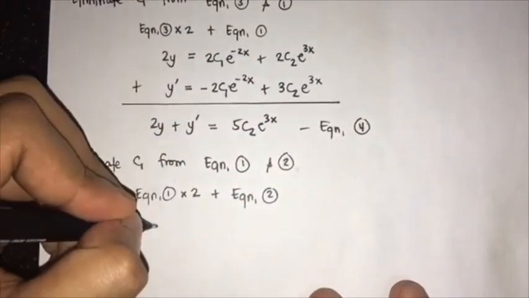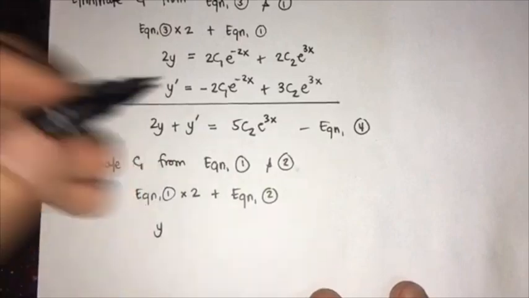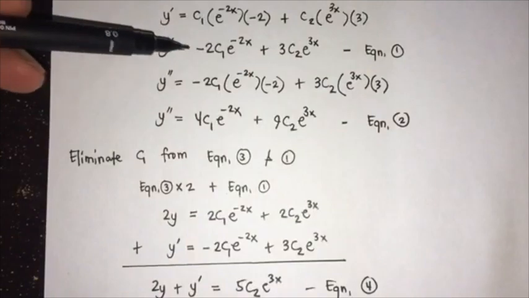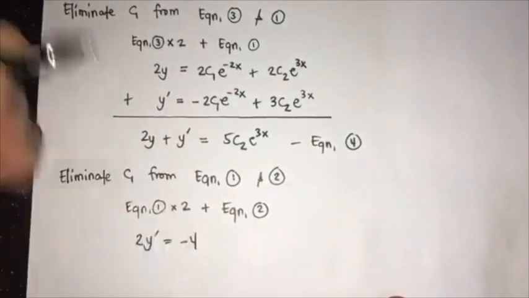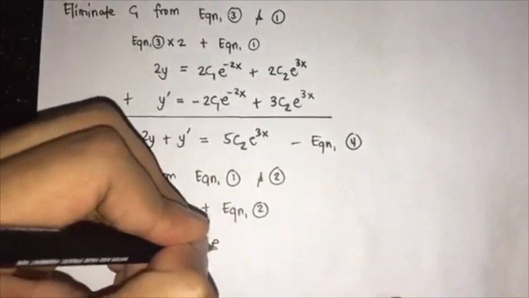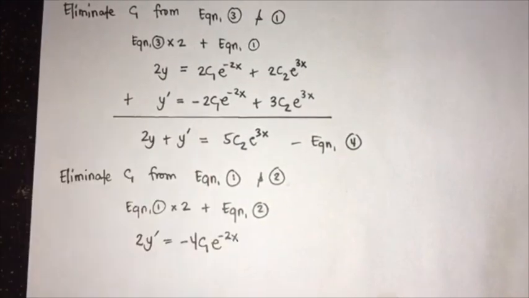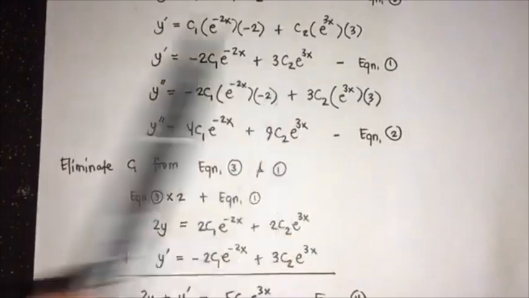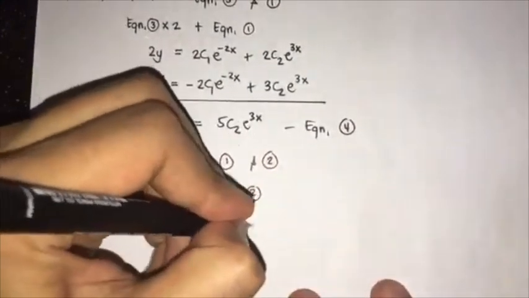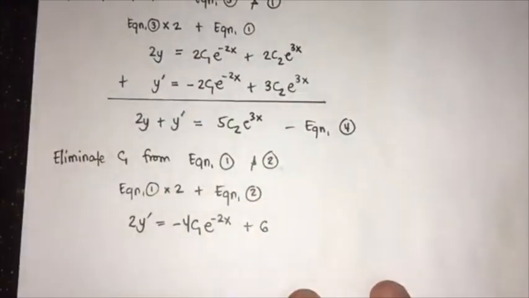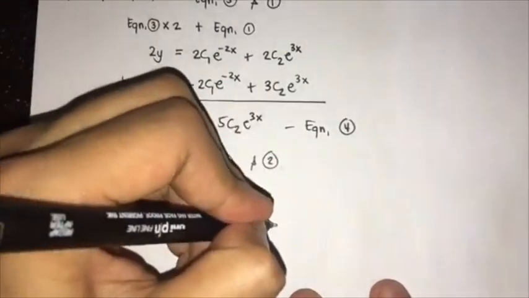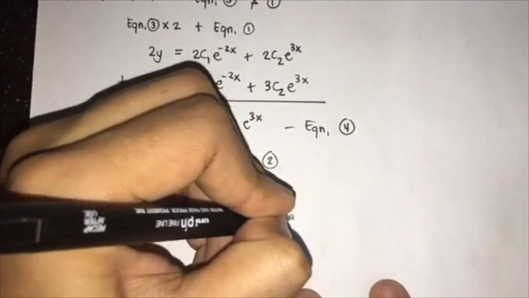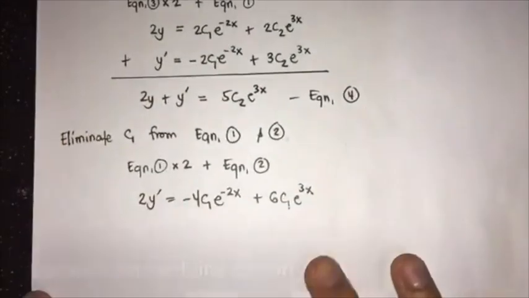So we will have 2y prime is equal to negative 4c1 e to the negative 2x, and then 3 times 2, that is 6, so plus 6c2 e to the power of 3x.